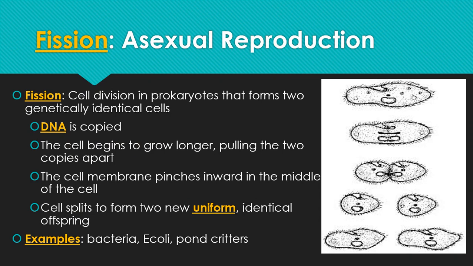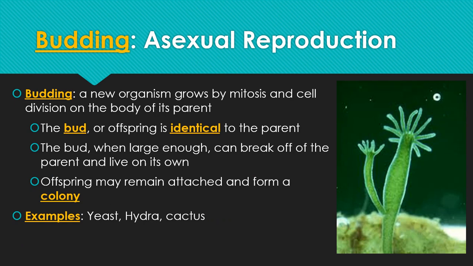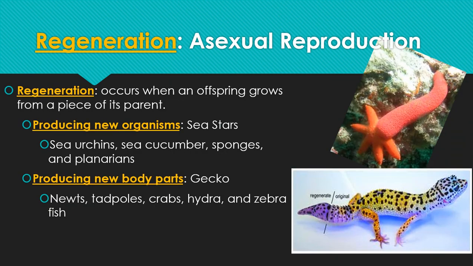Pinag-usapan na natin to. Budding, pinag-usapan na natin to, yung outgrowth. In the case of corals, offspring may remain attached to form a colony. Hindi na siya humihiwalay doon sa parent cell. Nagpo-form na lang sila ng colony in the case of corals. Yung sa budding.